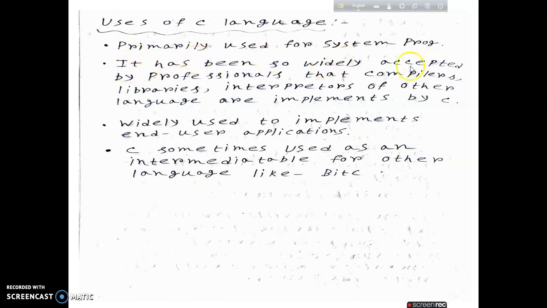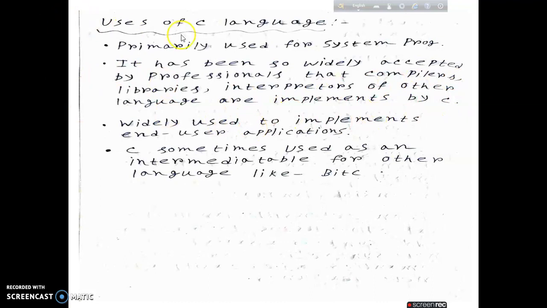Next, it has been widely accepted by professionals, because compilers, libraries, and interpreters of other languages are implemented in C. Not only C language compilers, but also other languages' compilers, interpreters, and libraries are implemented using the C language.